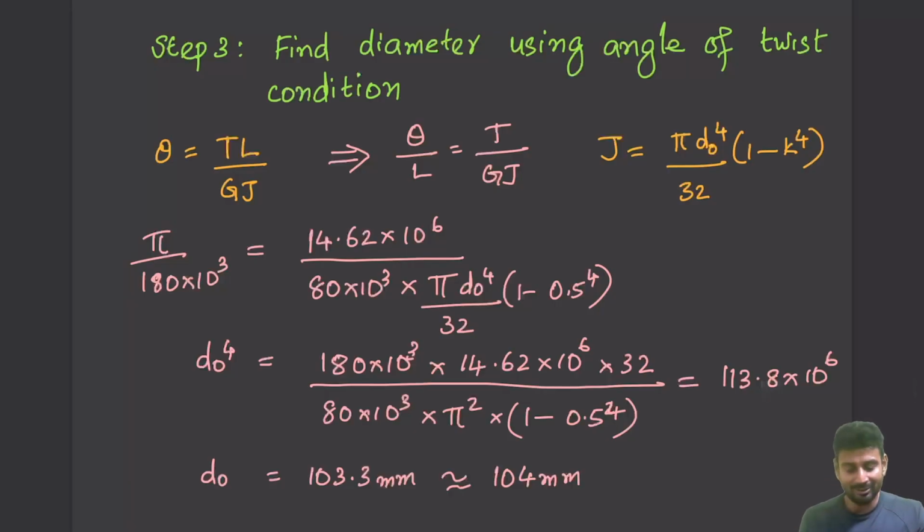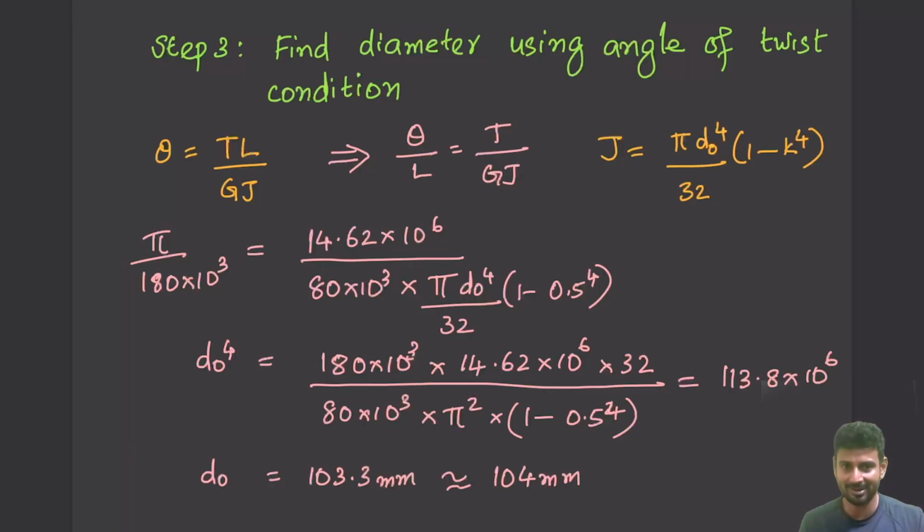So that is the only difference from the previous solid shaft procedure. So this value we have to substitute for J. Otherwise, all the other values are same as before. So when you calculate, you'll get DO raised to 4 as 113.8 into 10 raised to 6, and the DO value as 104 millimeters. So now we have calculated the diameter according to two criteria.